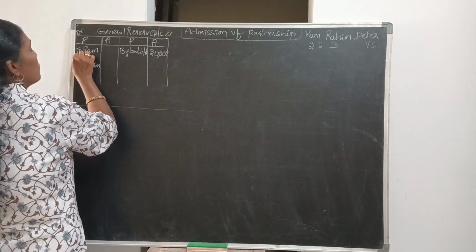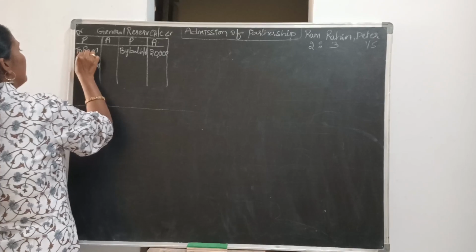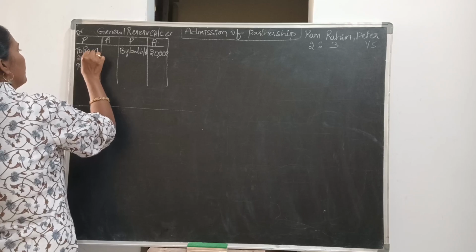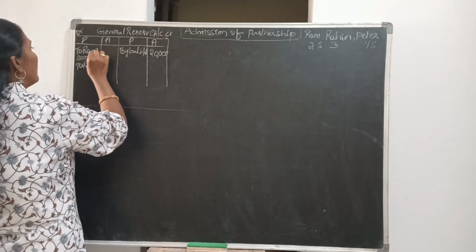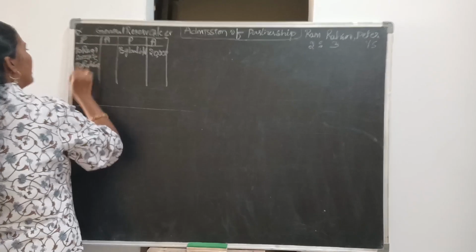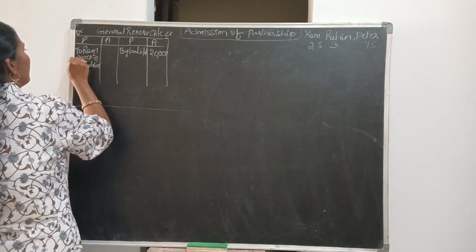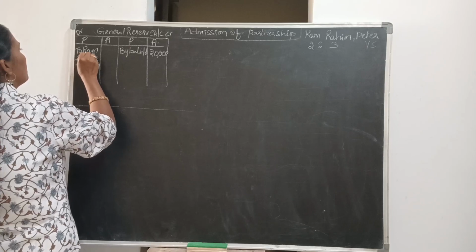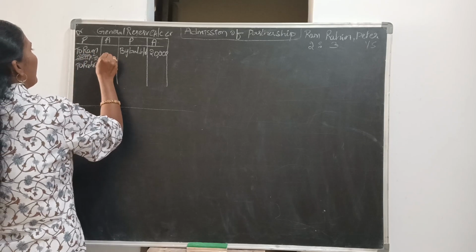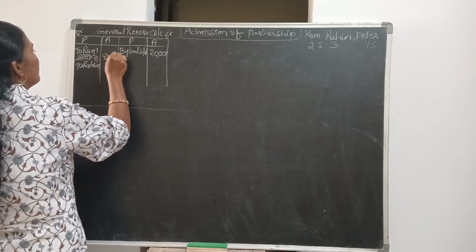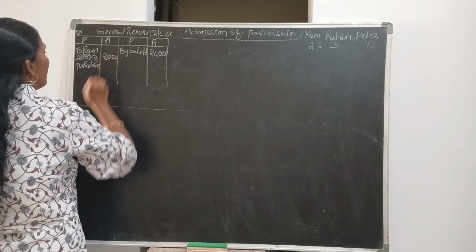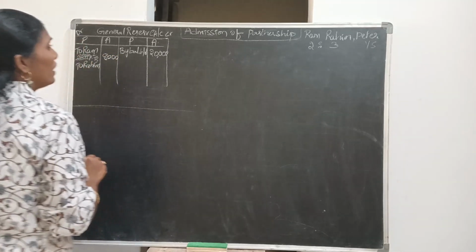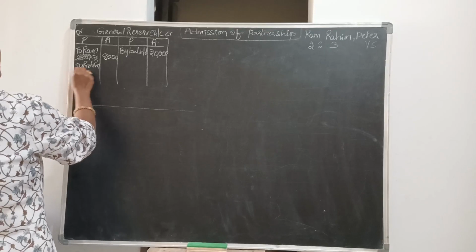Distribute this 20,000 into 2 by 5. 5 fours are 20, 0, 0, 0. 4 twos are 8. 8,000 is the share of Ram. So, no need to prepare Rahim's share. Why?